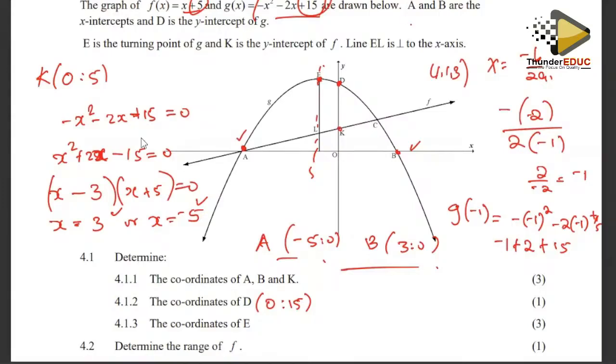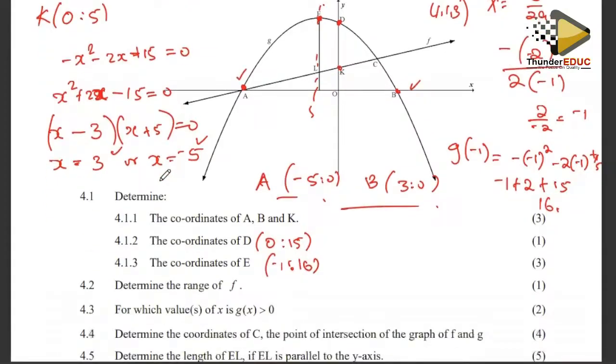Because we said negative 1 squared, minus 2 times negative 1, we are adding 15. So this is a 2, which makes it 17. 17 minus 1 is 16. So E is going to be negative 1 and 16.